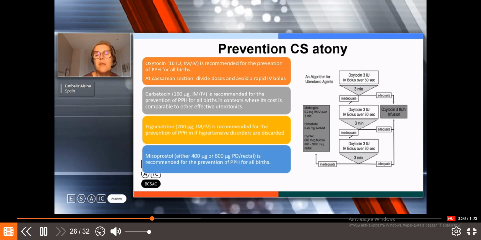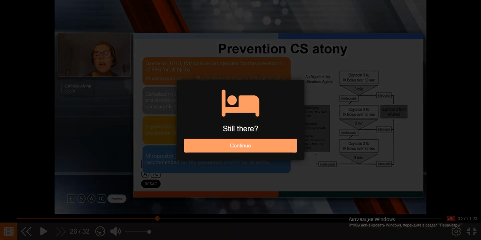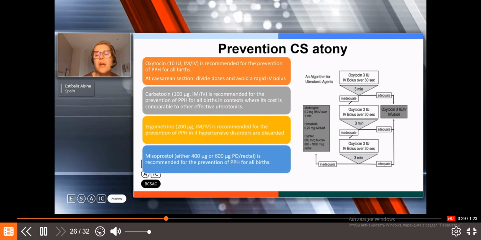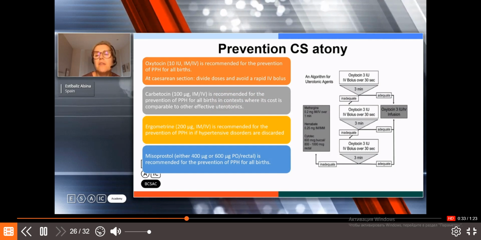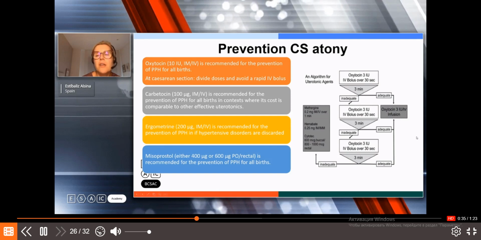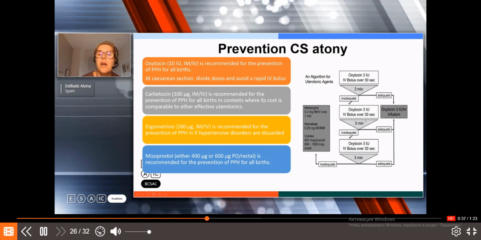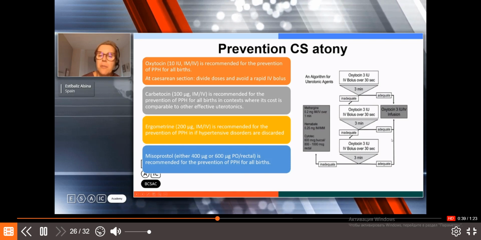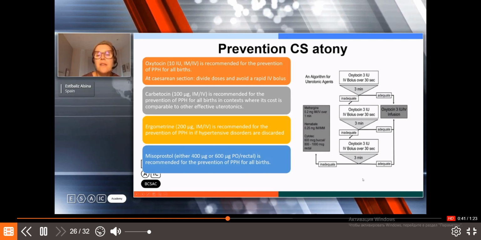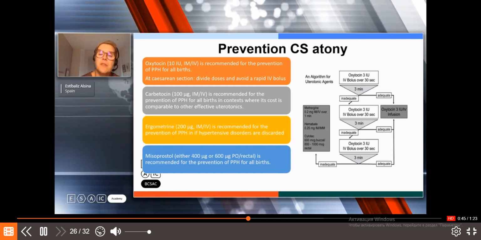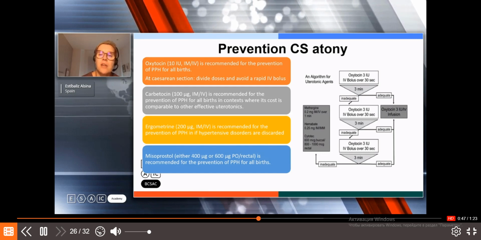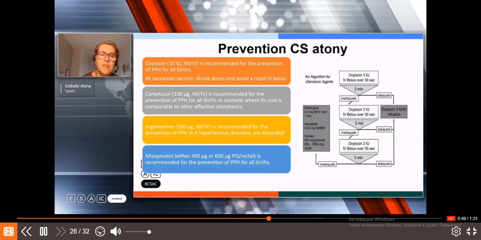If it's inadequate, we administer a second bolus of 3 units. And if it is adequate, we administer an infusion of 3 units per hour. Over 3 minutes, we repeat. And with this kind of protocol, we avoid the hypotension and the side effects associated with oxytocin.